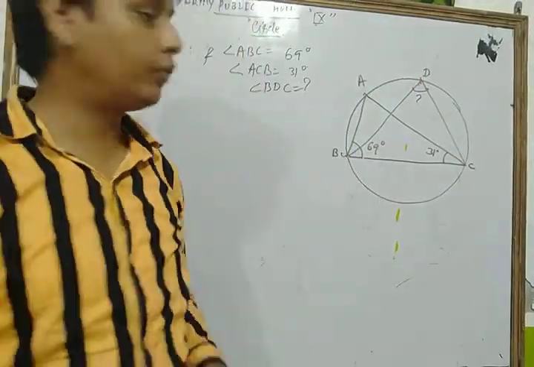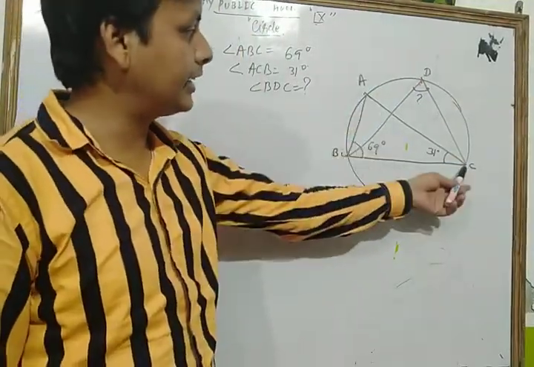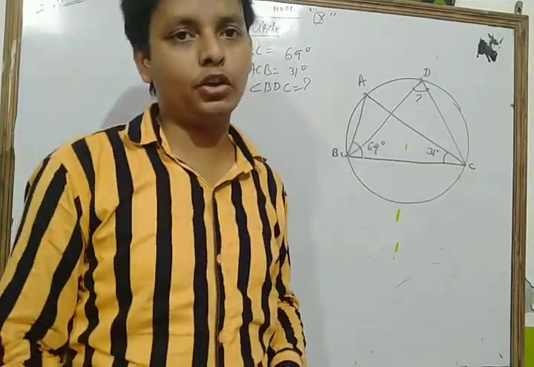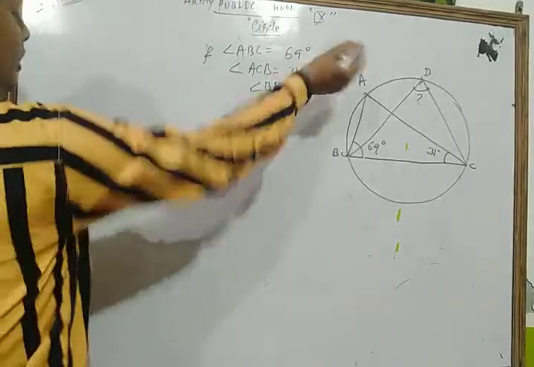Dear students, first of all we take triangle ABC. In this way we find the angle BAC using the angle sum property of the triangle. So let's see.